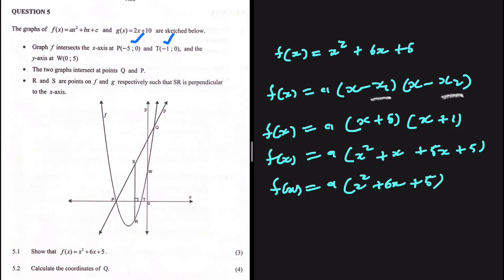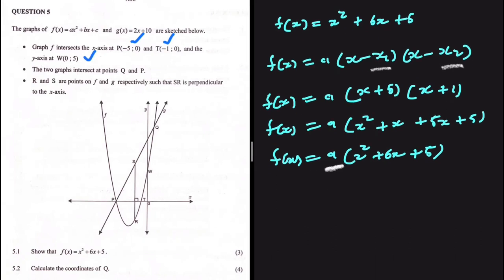We just need to substitute any point on the graph except for the x-intercepts to find the value of a. We can substitute w, which is our y-intercept. If we do that, we're going to have 5 equal to a multiplied by (0 squared plus 6 multiplied by 0 plus 5). 5 is equal to a multiplied by 5.